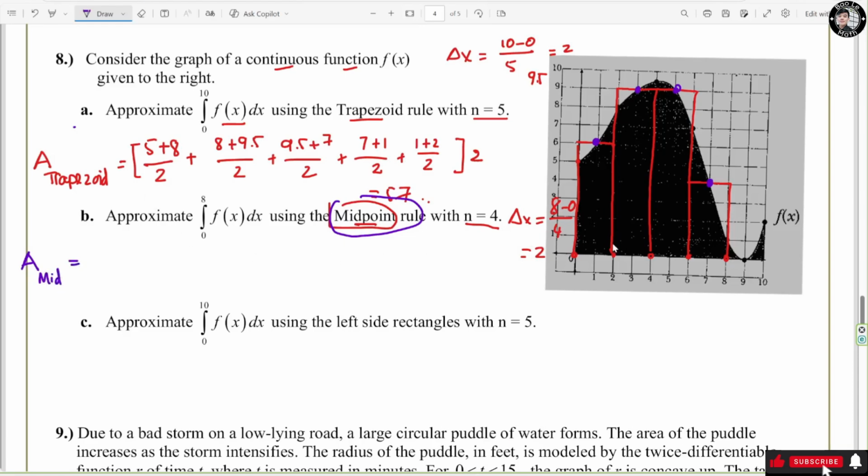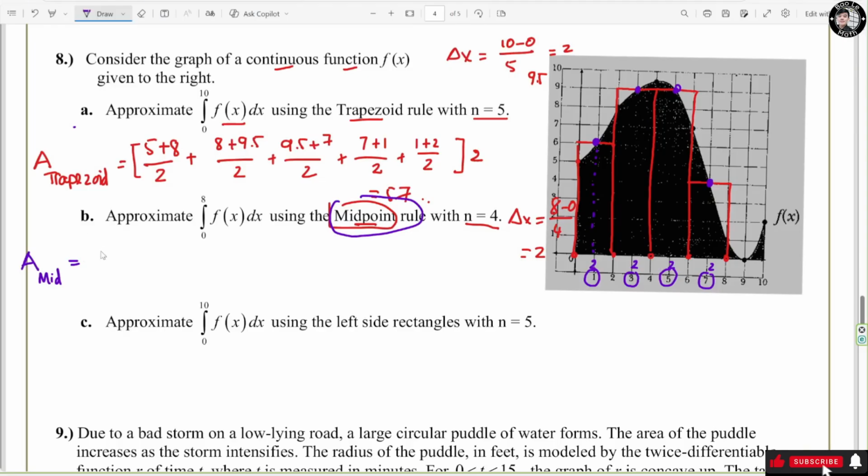It's going to be length times width. The width is always 2, right? The length is going to be the height right here, so it could be f of 1, f of 3, f of 5, and f of 7, right?